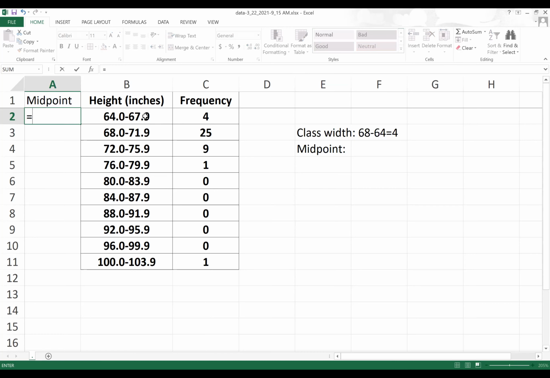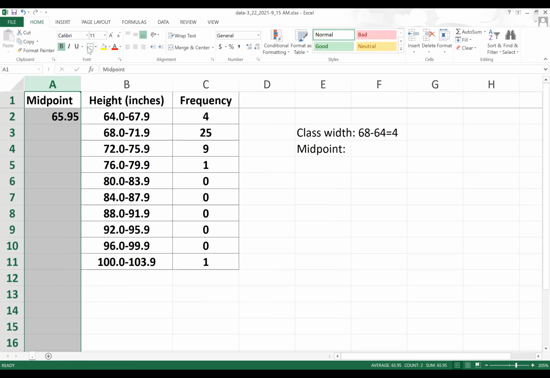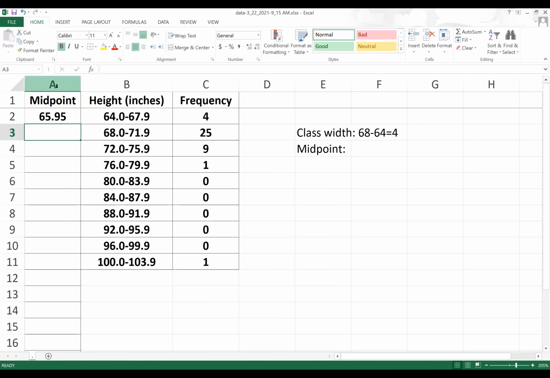The average of 64 and 67.9, so you're adding 64 plus 67.9 and dividing by 2. All right, so that should be the midpoint for the first class. And for the second class, very similar, we perform the same procedure here.